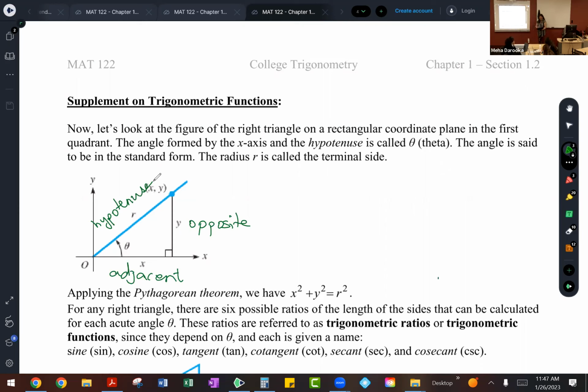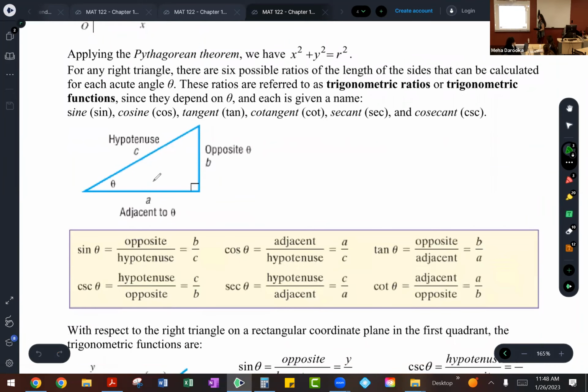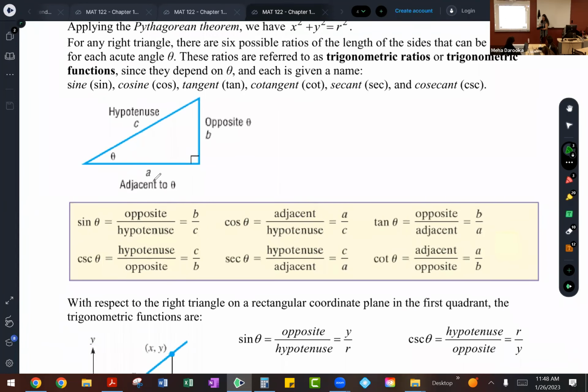So when we define our definitions over here, when you're using right triangle trigonometry, basically we use this concept of adjacent, opposite, and hypotenuse to define our 6 functions. So you will see we define the sine function as opposite over hypotenuse.